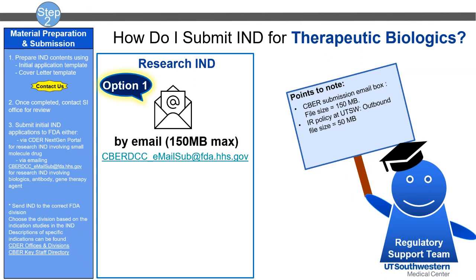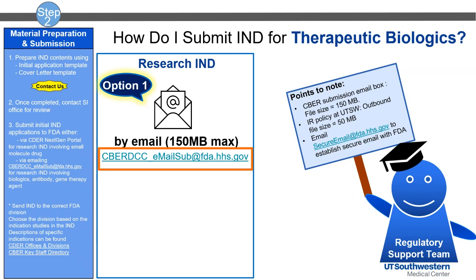An email subject should contain the name of the submission and the sequence number, for example, 1 of 3, 2 of 3, 3 of 3 in such format for each message in the sequence. Please also keep in mind that if you are using UT Southwestern email, there is an outbound file size limit of 50 megabytes according to the IR UT Southwestern policy.